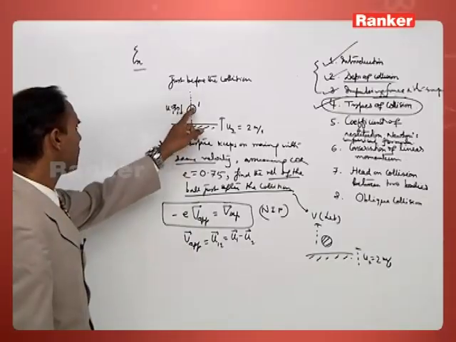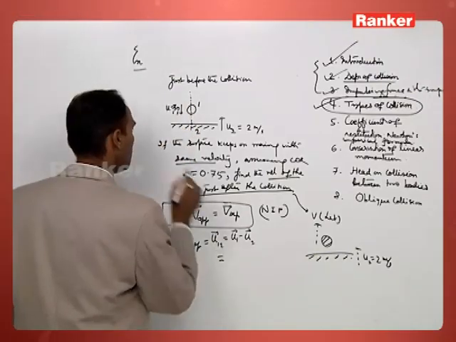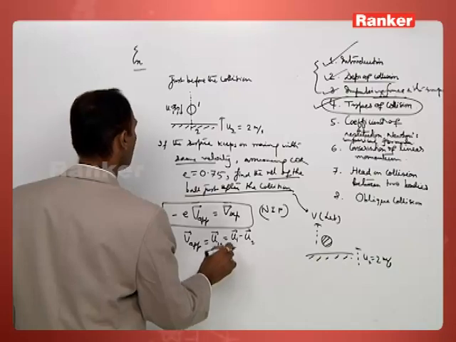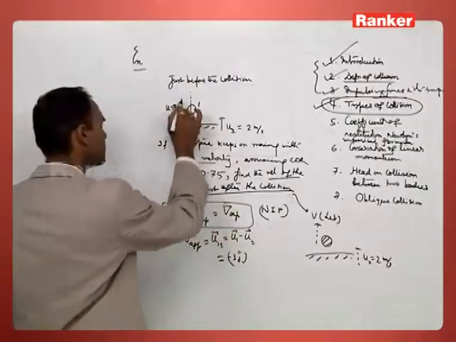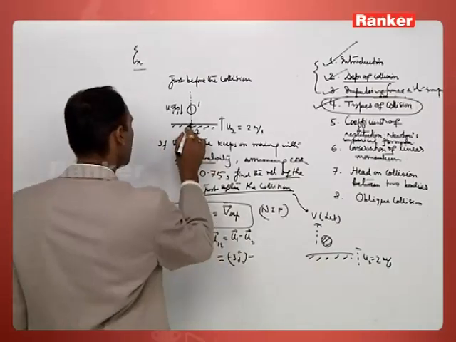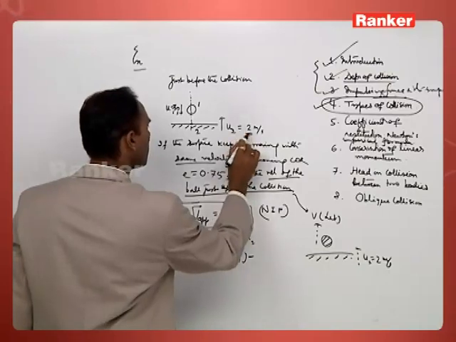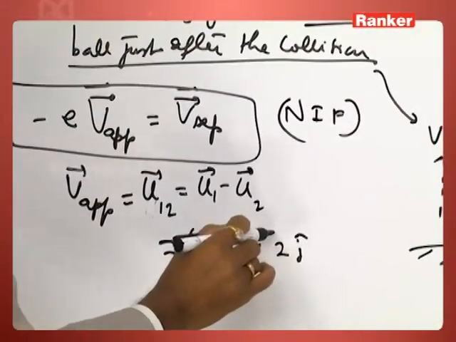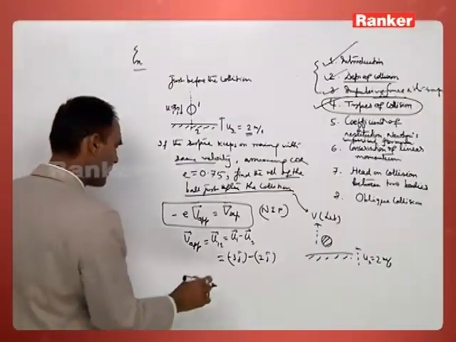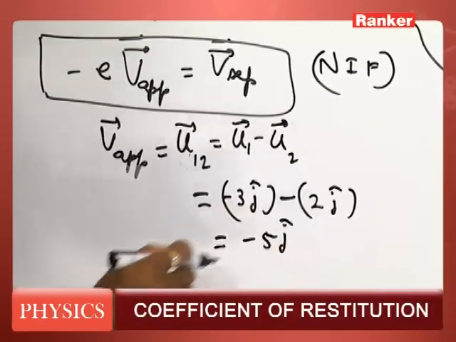If you take this as 1 and this as 2, what is u1? Minus 3 j, because it is moving down. What is u2? With what velocity is it moving? Upward. So you get the approach velocity, minus 5 j.